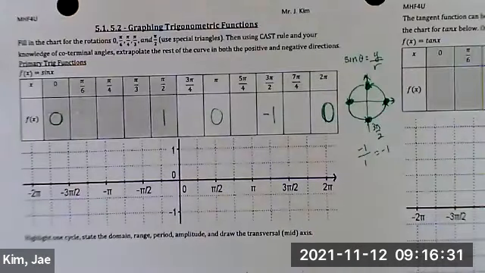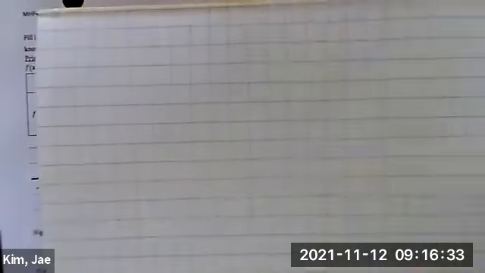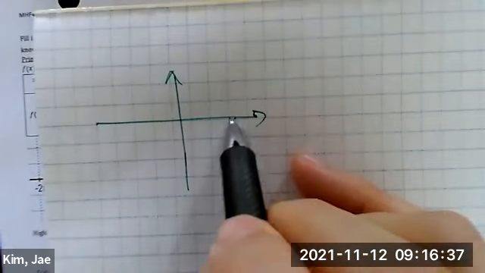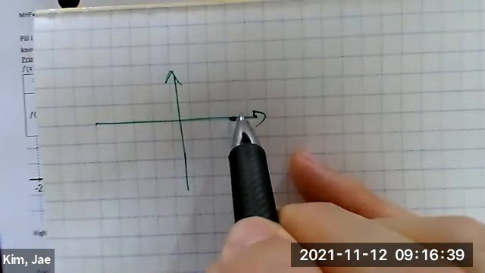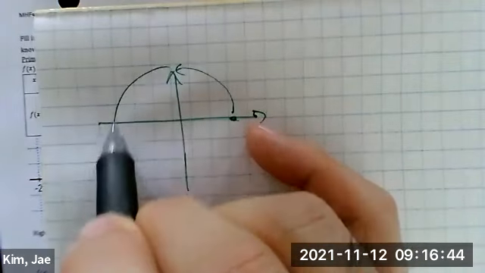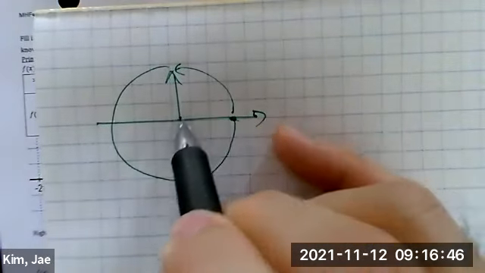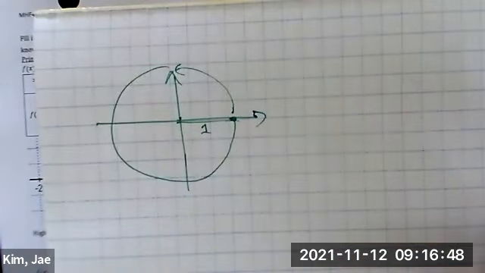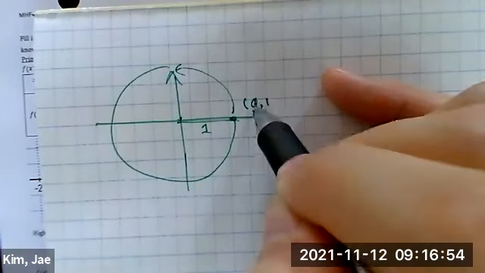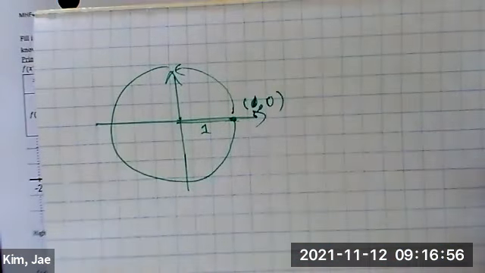Think about it this way. You know that we start from the x-axis, and then we are rotating up in a counterclockwise direction with a radius of 1, right? And that means my point here would be 1, 0.